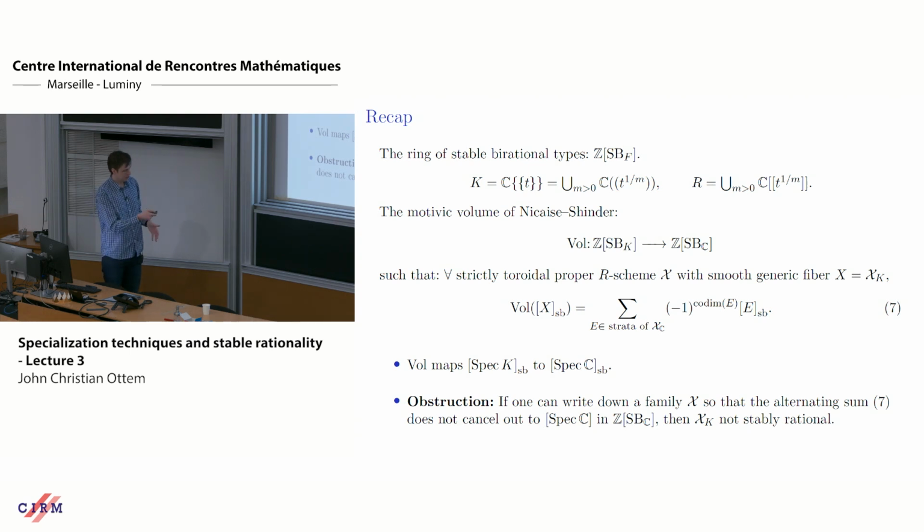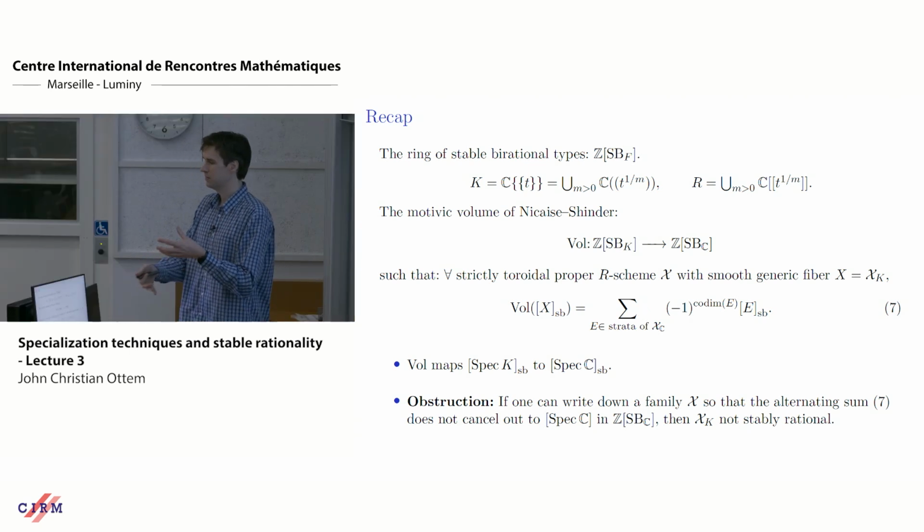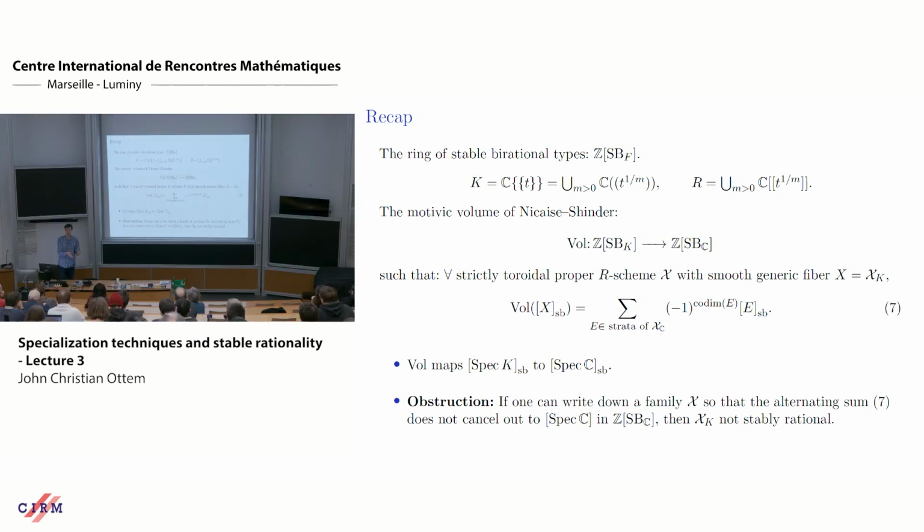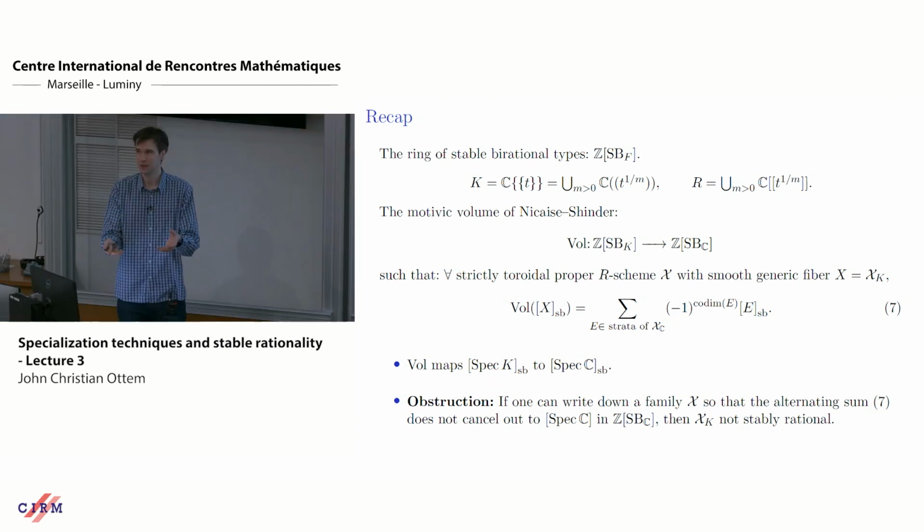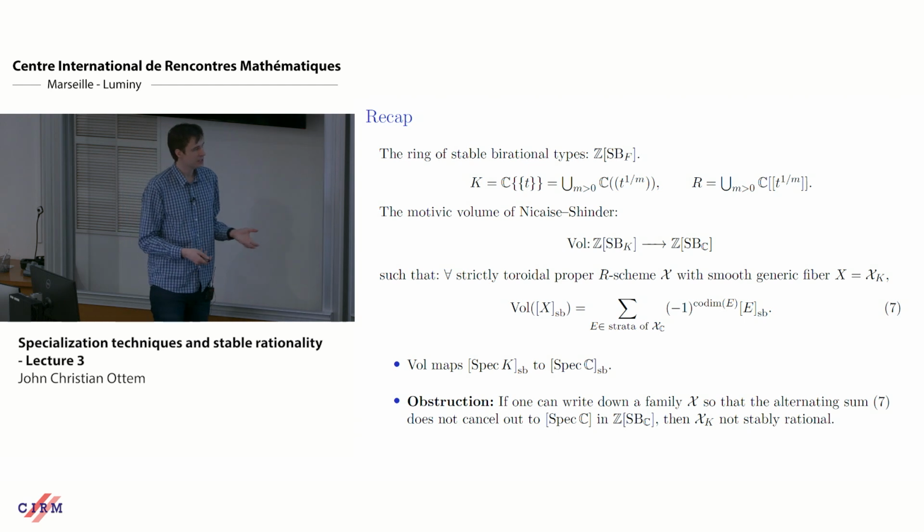And then you look at this formula here and make sure that the terms do not cancel out to the class of a point. If you're able to do that, then the class of the generic fiber could not be the Spec of a point, which means that it's not stably rational.